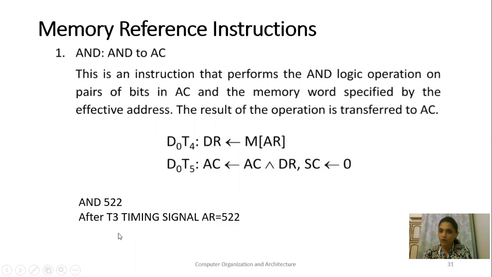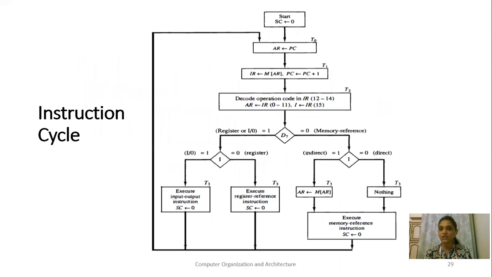For any instruction, you require to do fetching, decoding, calculating effective address, and then execution. So for all of these instructions, you have to do fetching, decoding and calculating effective address. That is your T0, T1, T2, and T3 time duration task.